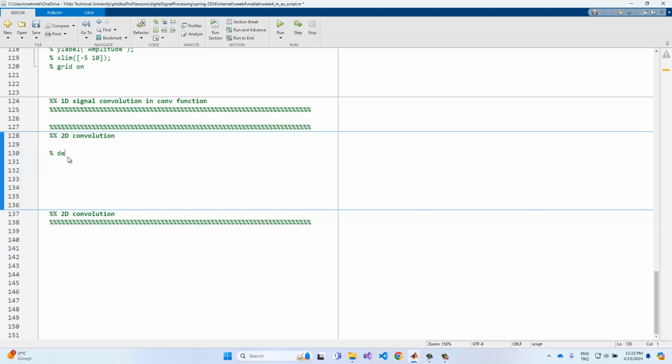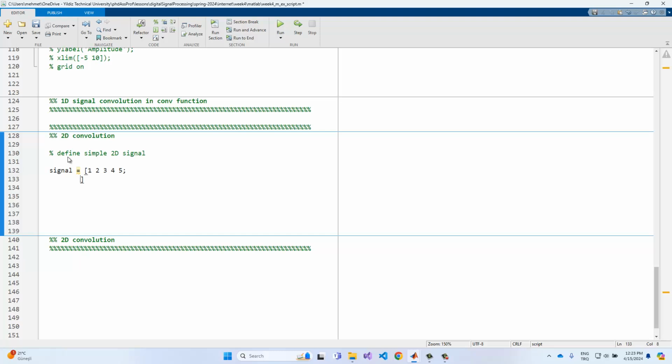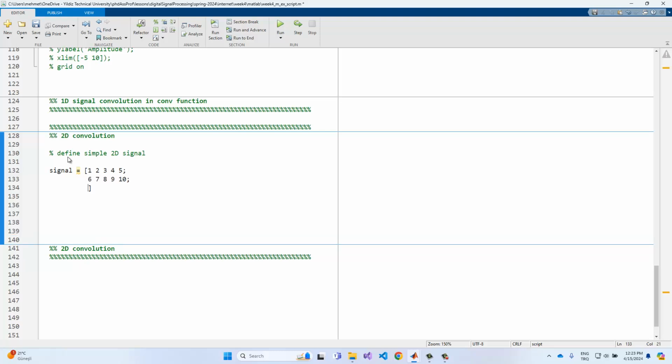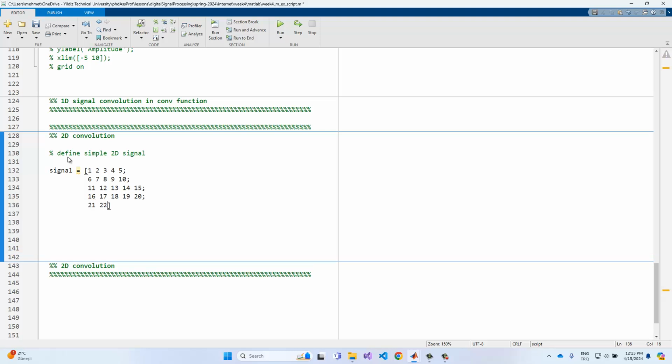Firstly, we can define the simple 2D signal, such as the signal just like this one, 1 2 3 4 5 6 7 8 9 10 11 12 13 14 15 16 17 18 19 20 and 21 22 23 24 25, okay.